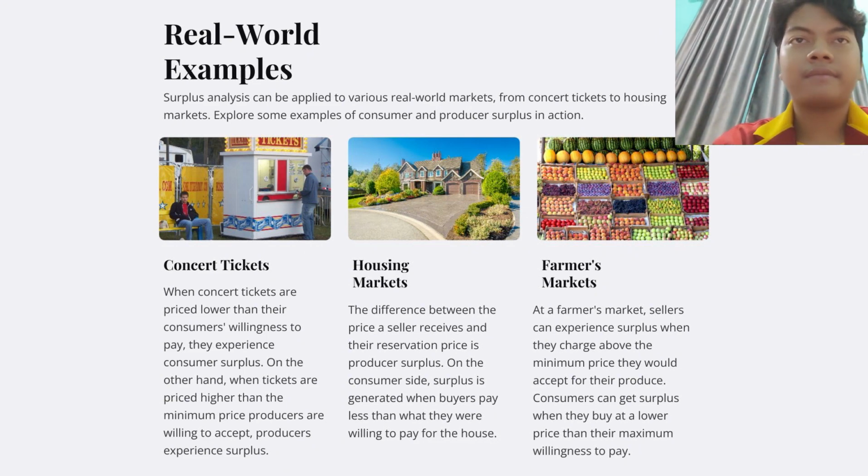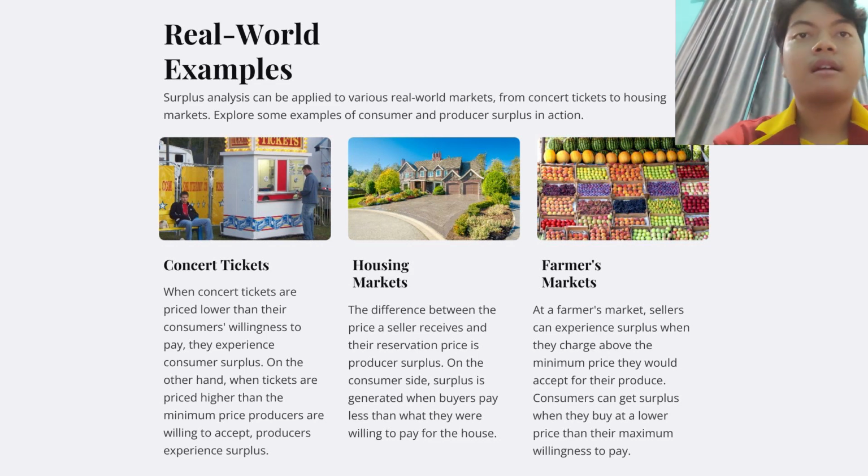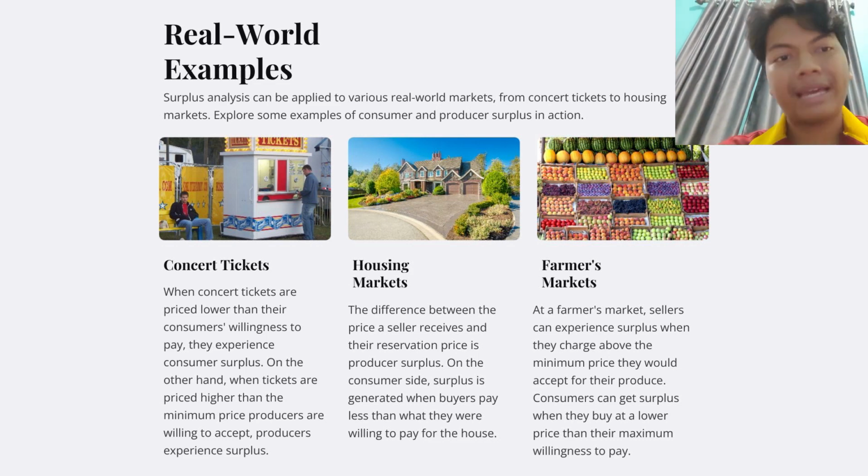Farmers market. At a farmers market, sellers can experience surplus when they charge above the minimum price they would accept for their product. Consumers can get surplus when they buy at a lower price than their maximum willingness to pay.